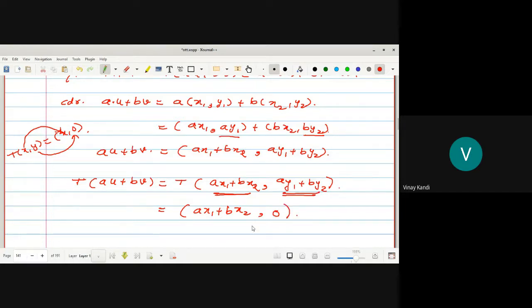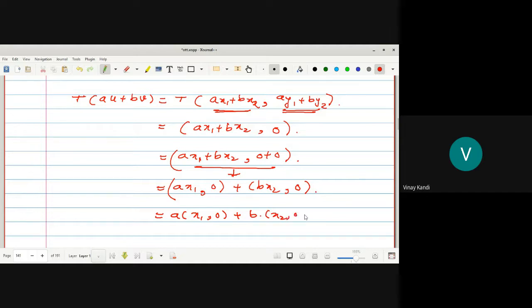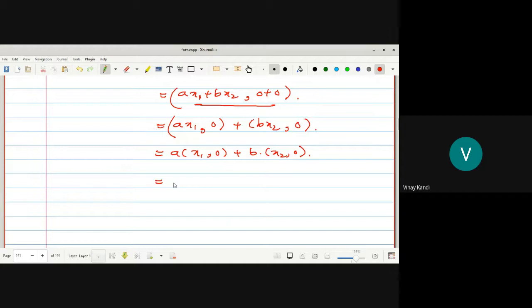So this is equal to (ax1 plus bx2, 0). We can write 0 as 0 plus 0, so it is (ax1, 0) plus (bx2, 0). Taking a and b outside, it is a into (x1, 0) plus b into (x2, 0), which is equal to a into T of (x1, y1) plus b into T of (x2, y2).